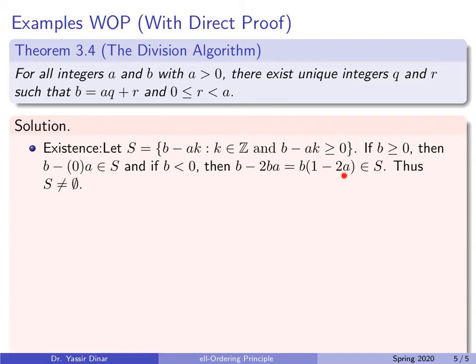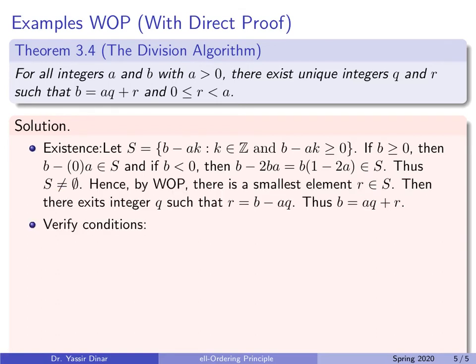Now from the definition of a, this will be negative, and since b also is negative, the product will be positive. So this element is in the form of the elements in S, and it belongs to S. So we can show that S is non-empty. My set S satisfies all the conditions for the well-ordering principle.